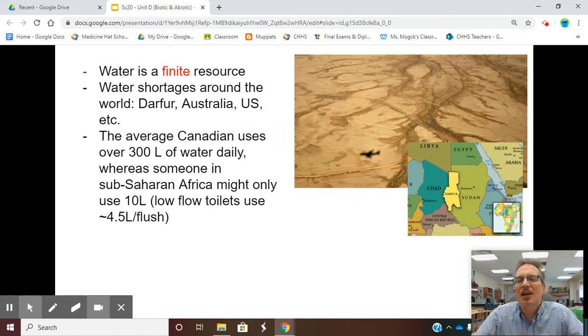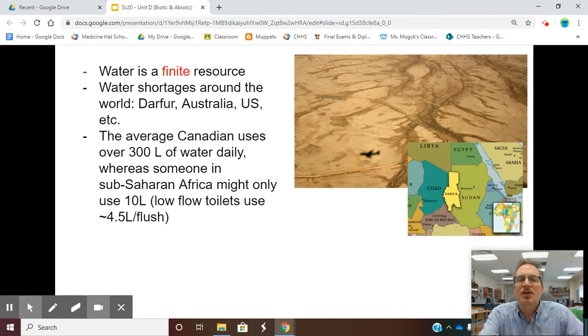So let's take a look at a couple little examples and kind of compare this. So I have us here. This is a drought stricken area in Australia, or Darfur, or the US, all these places that we have very poor water, or it struggles to get water.